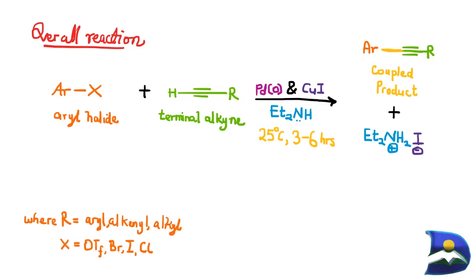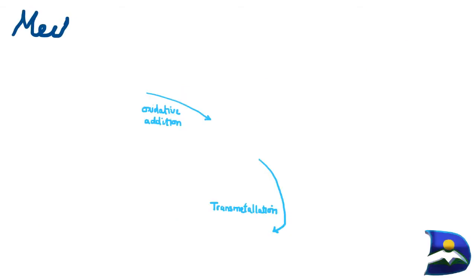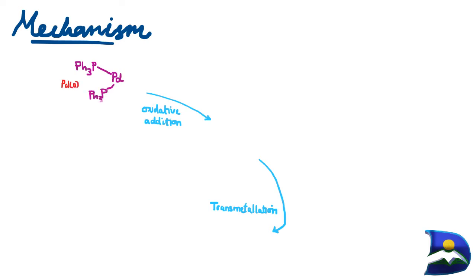So we're going to look at the main mechanism for this overall reaction. The mechanism begins with our palladium 0, which in this case is palladium tetrakis(triphenylphosphine). This palladium 0 is subjected to our aryl halide, performing a reaction called oxidative addition, where our palladium 0 complex leads to the formation of palladium 2.